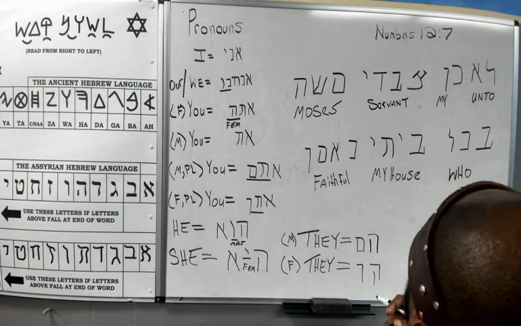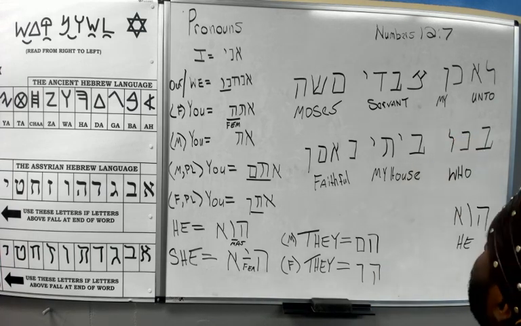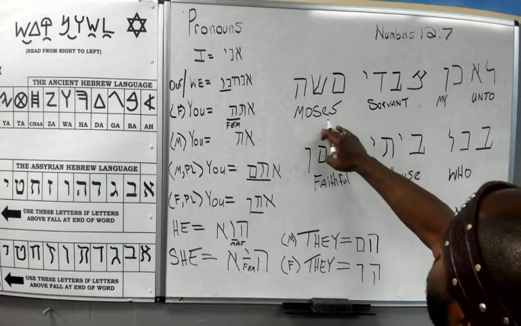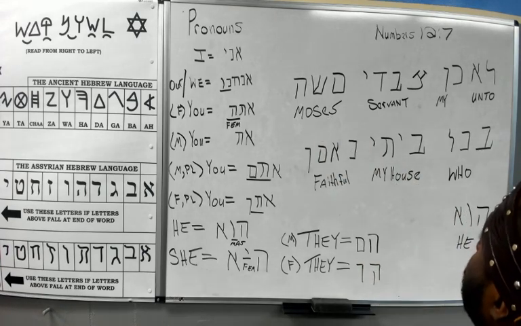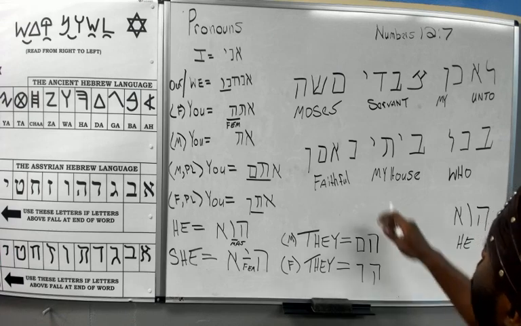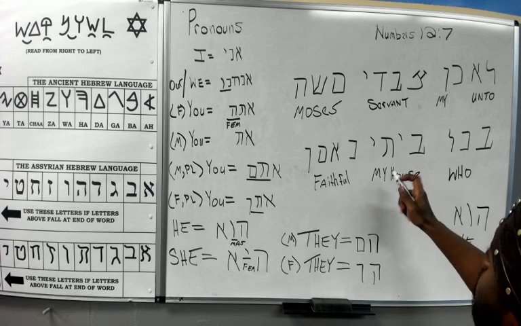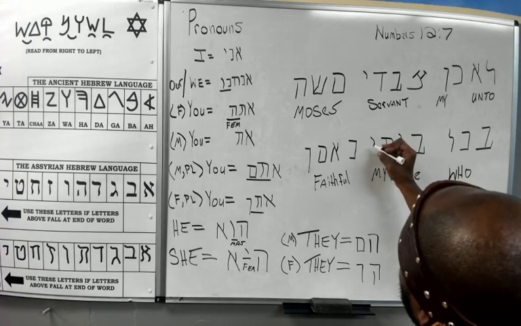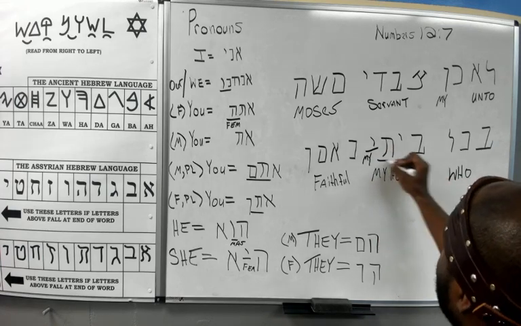So now, as far as identifying these prepositions and where it's at, Moses doesn't have any, as you can see, as that's his actual name. But this looks very familiar from what we did earlier. As far as my house, this Yah is a preposition because it would be mine, and house would be the root word.